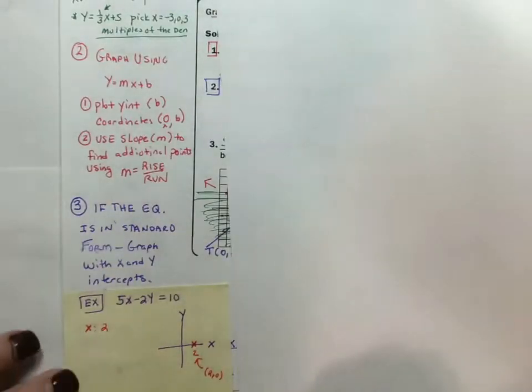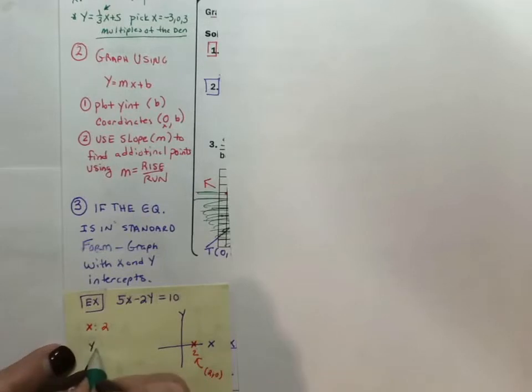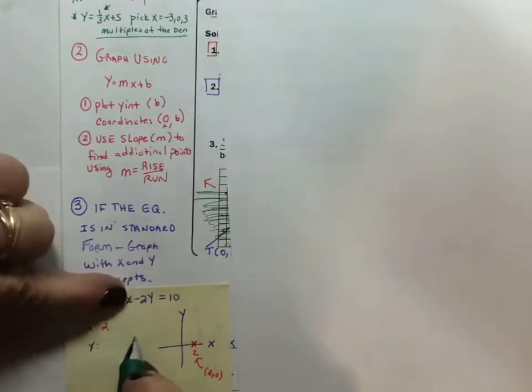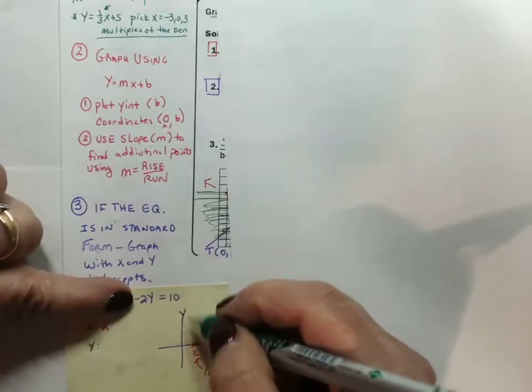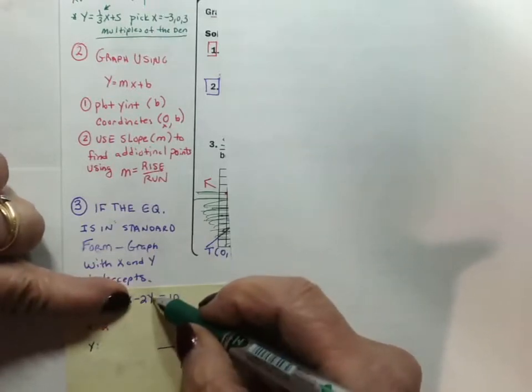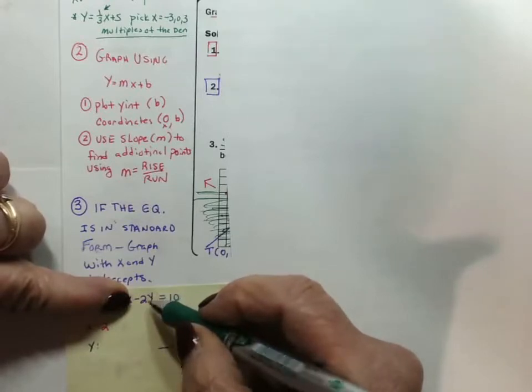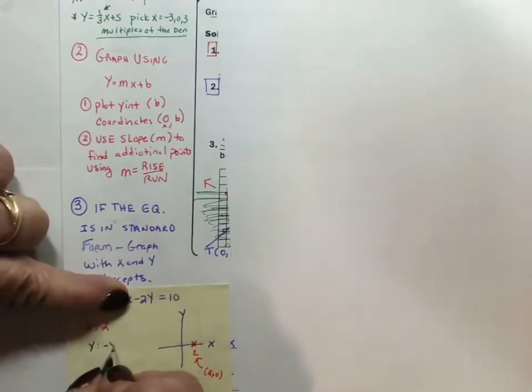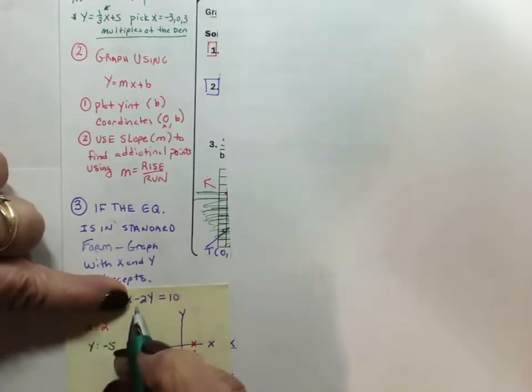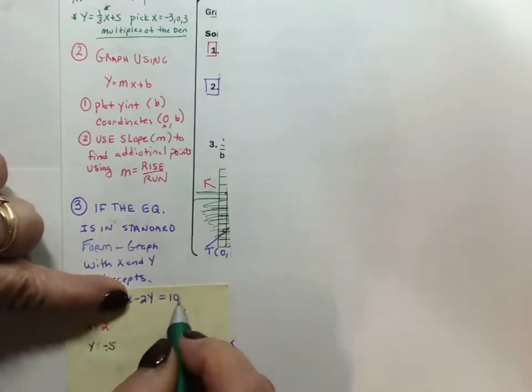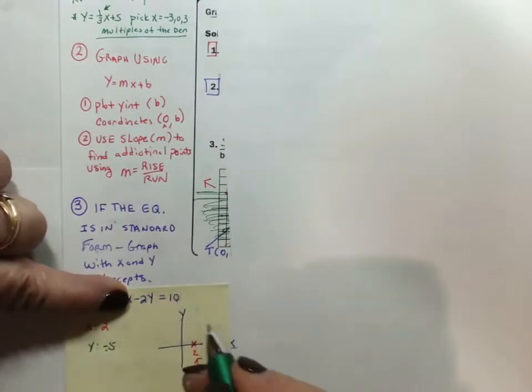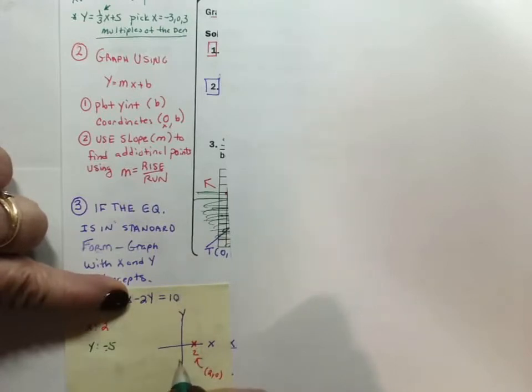Then I want to find the y-intercept. And the y-intercept means that x is going to be 0 because it's on the y-axis. So what number can I put in for y? I can put in the number -5 because -2 times -5 is 10. So my y-intercept is at -5.